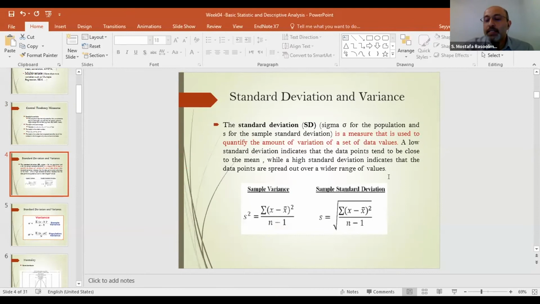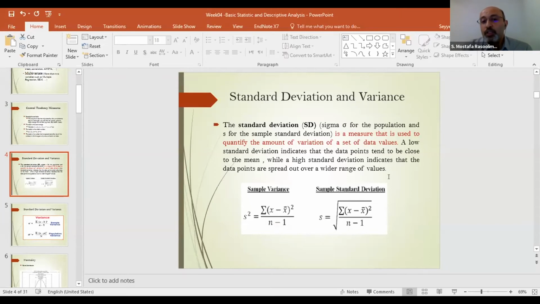Another basic concept to understand a variable is standard deviation. Standard deviation and then variance are 2 really important parameters to understand the behavior and pattern of a variable.